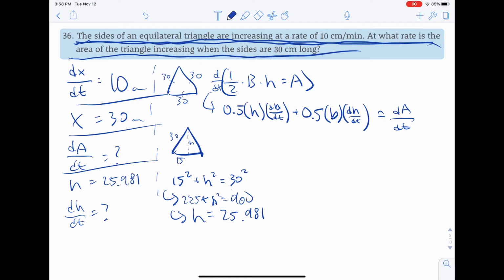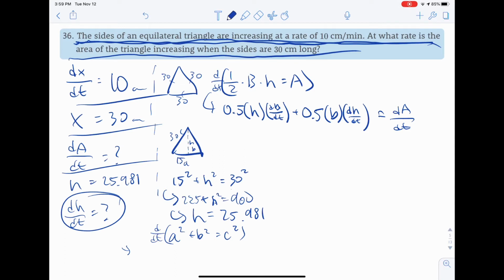So let's add that to our list: 25.981. Now I have to find the derivative of height. How do you do that? Let's just find the derivative of this. Let's call 15 a, the height b, and 30 c. So a squared plus b squared is equal to c squared. Now let's take the derivative of it.